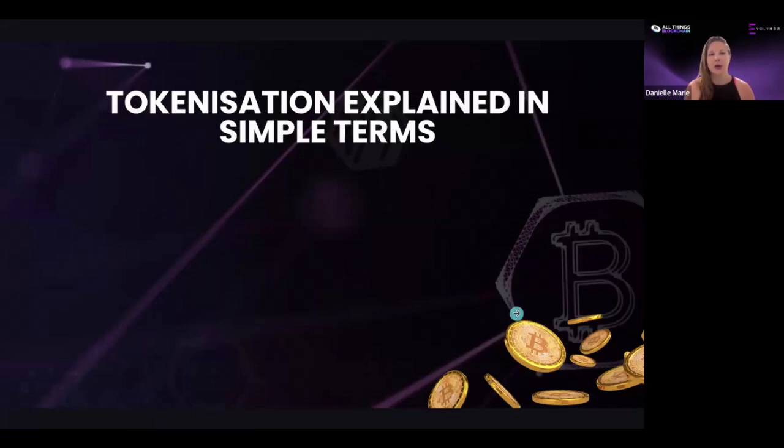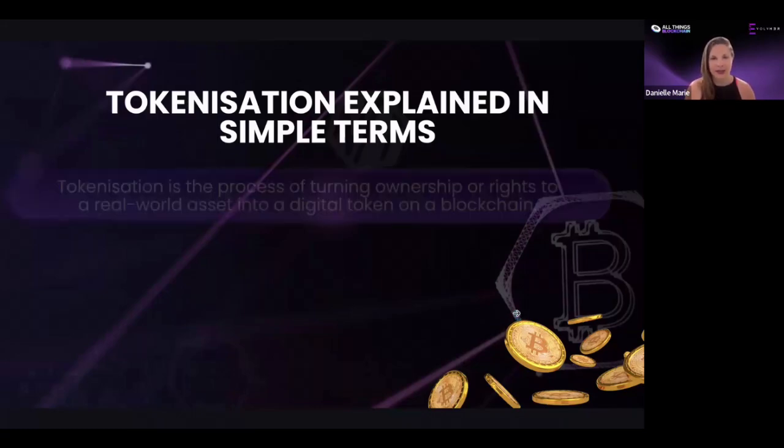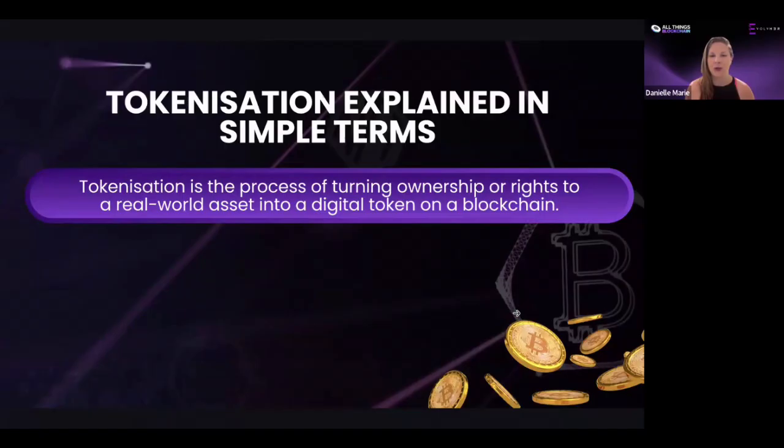So let's think of tokenization in very, very simple terms. Tokenization is the process of turning ownership or rights into this real world asset into a digital token on the blockchain. We're essentially taking that asset, and there are problems with it, we're going to get to that in a moment.